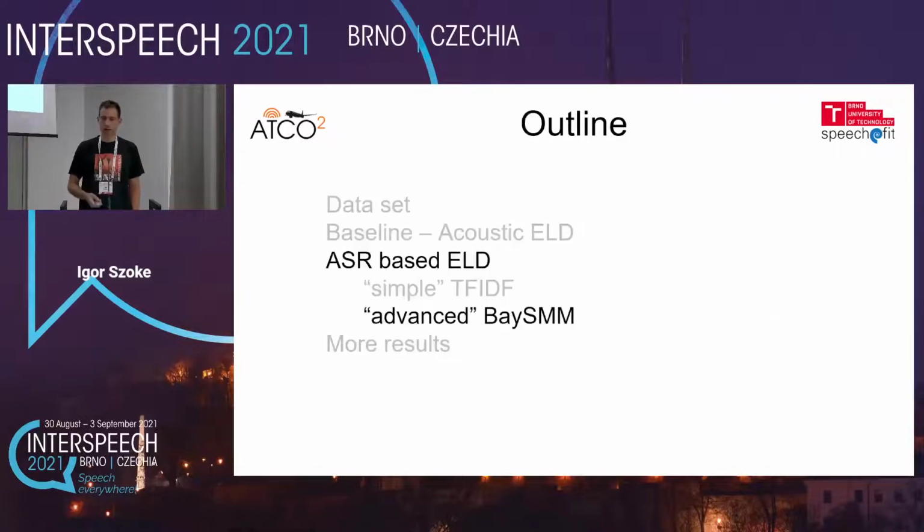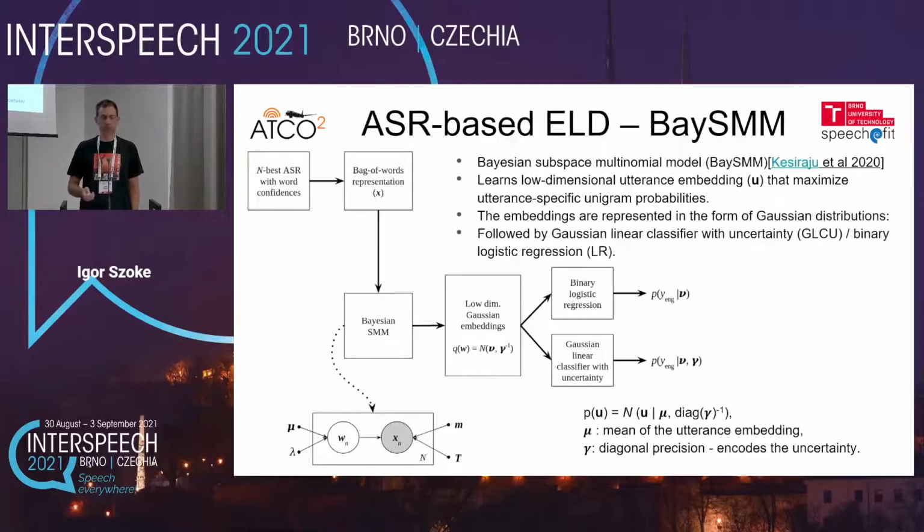So this one is a bit better than the acoustic one, so that's good: a 7% word error rate and 18% word error rate. We also tried to implement an advanced Bayesian subspace multinomial model, where the bag-of-words representation is passed to the Bayesian model. Then we extract low-dimensional Gaussian embeddings, and then these are again classified by logistic regression or the Gaussian linear classifier.